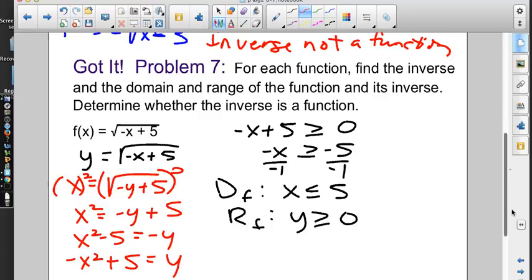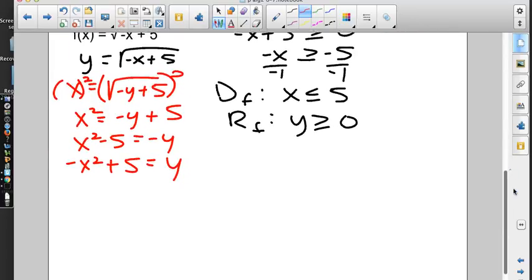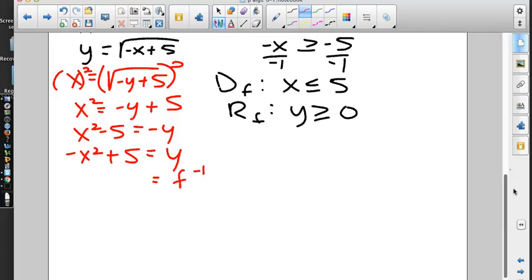And this one was again called f of x, so let's use the right notation here. Looks like that. Interesting. So if we switch our domain and range like we're supposed to, let's make sure it makes sense.